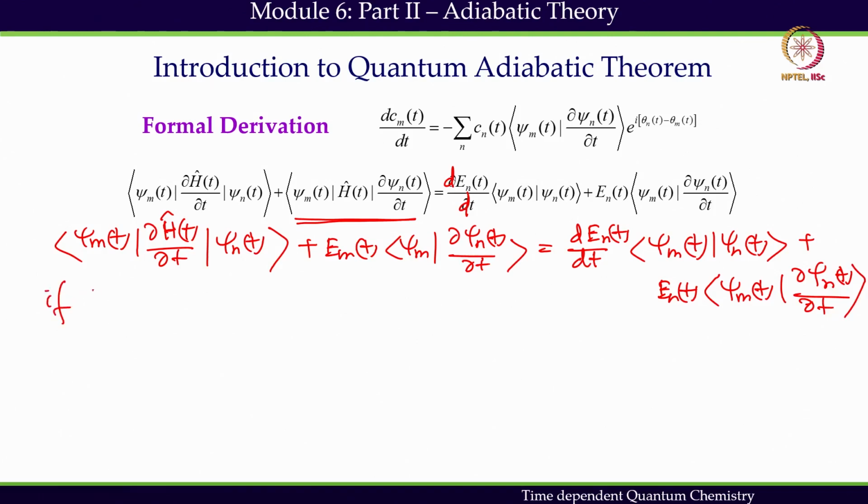So what we get now, if we consider that m not equals n, this integration will become 0. This goes 0 if m not equals n.